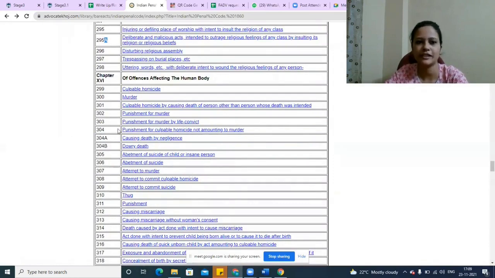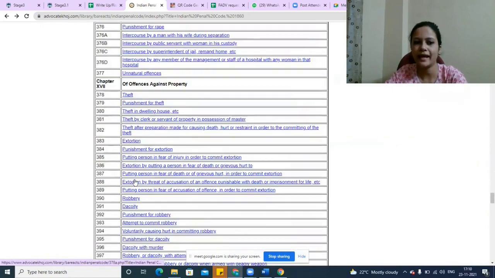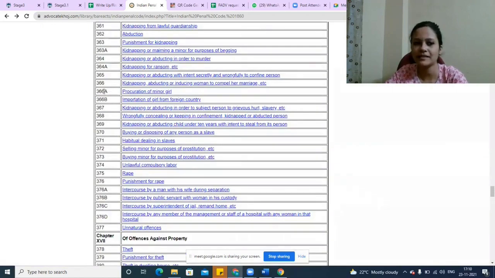All these additions that we see are nothing but changes. By way of amendment, these provisions were added. These additions or amendments came only because we came to know that there are some things missing in IPC, and we need to make those changes by way of legal reform, by way of amendments and all that stuff.